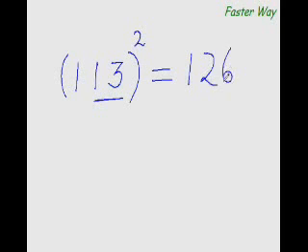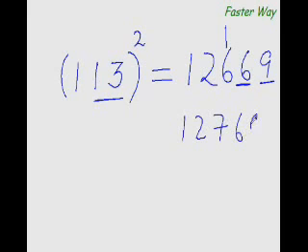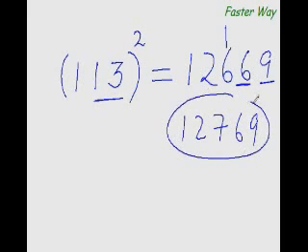These are the first 3 digits of your answer. Now for the last 2 digits, all you need to do is find the square of this distance, that is 13. 13 square is 169. Write 1 here, 6 here, 9 here. Now it would be 12769. That is what your answer is. As simple as that. Isn't it? In a blink of an eye, you are squaring 3 digit numbers. Isn't that amazing?